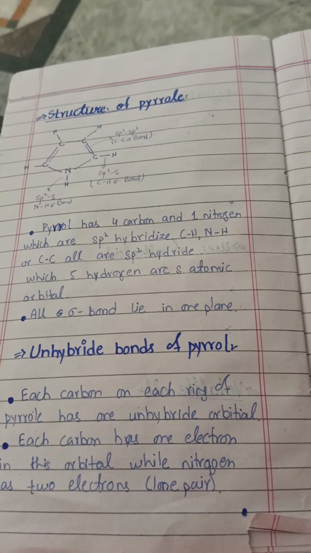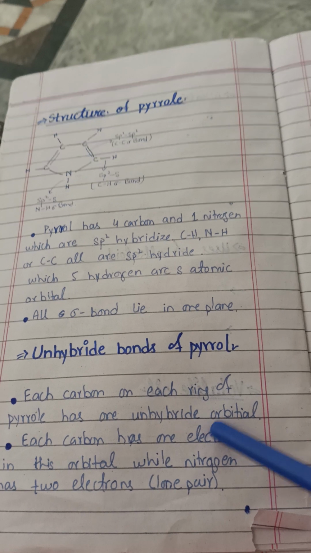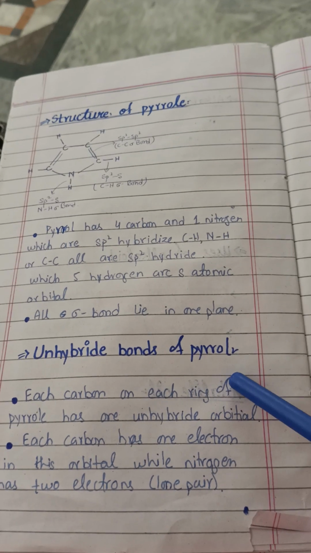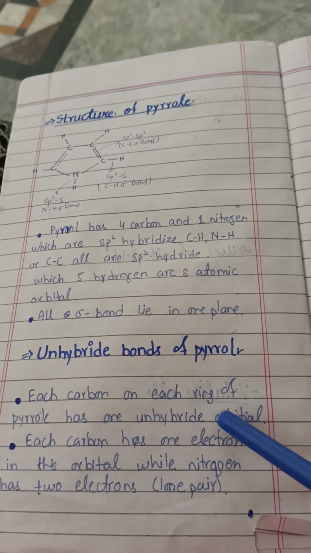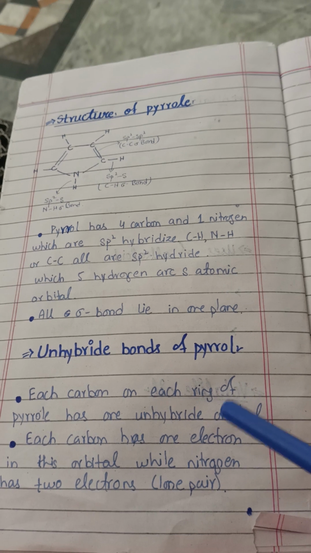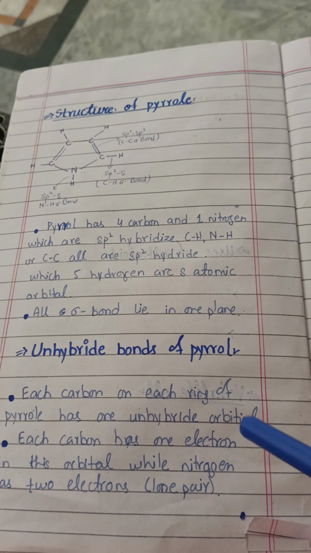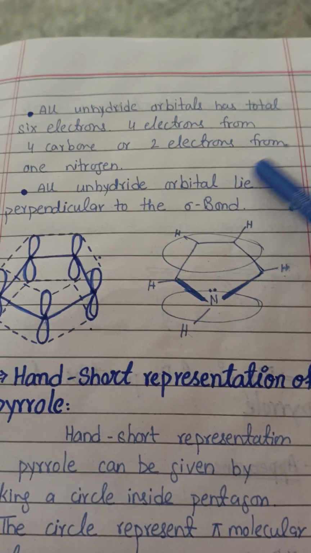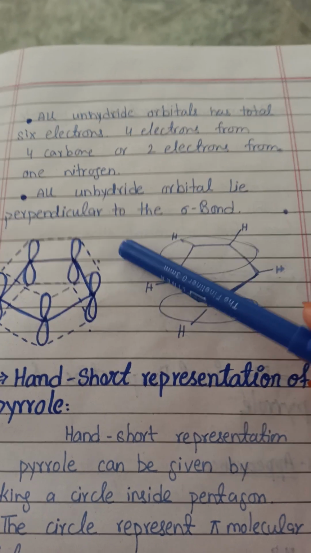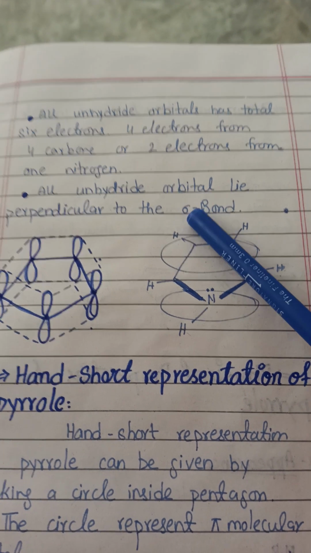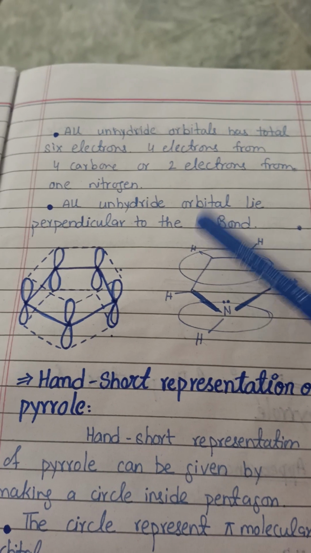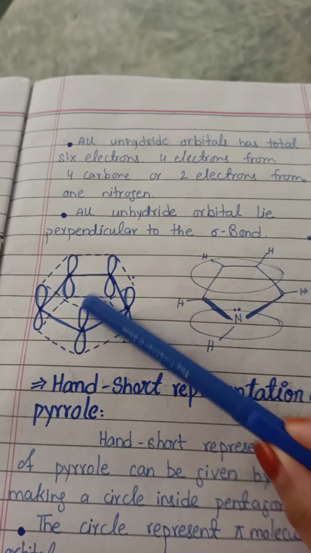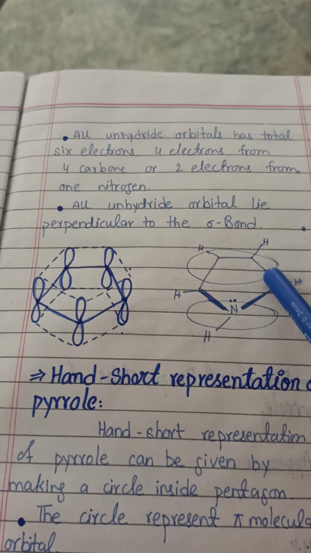So we have four carbon atoms giving four electrons, and two electrons from the nitrogen, combining to give six pi electrons. These unhybridized orbitals lie perpendicular to the plane of the sigma bonds, and these six pi electrons form a ring-like structure over the ring.